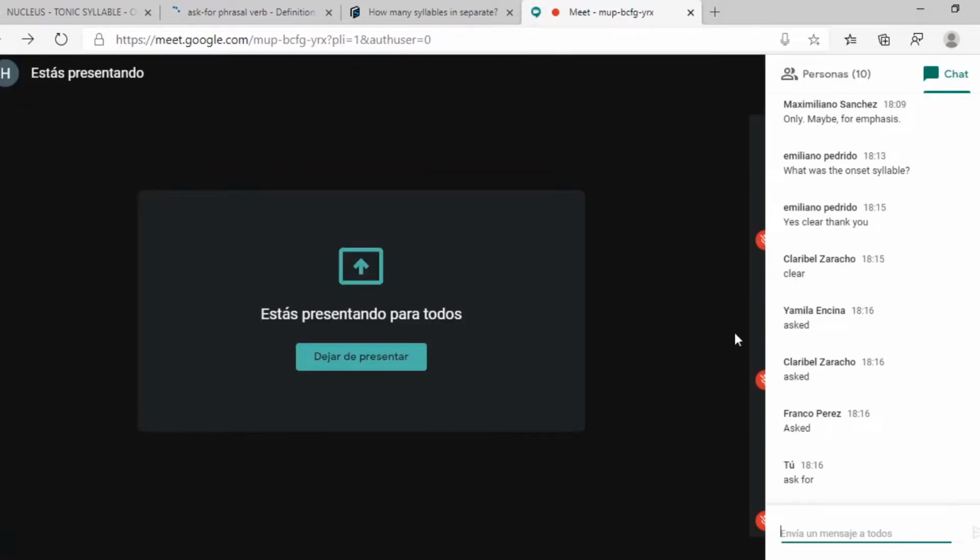So remember that with phrasal verbs, you need to think, what type of phrasal verb do I have here? Do I have a transitive phrasal verb? Do I have an intransitive phrasal verb? In this case, I need to check if both verb and particle are stressed, because remember that all phrasal verbs are both stressed, verb and particle.